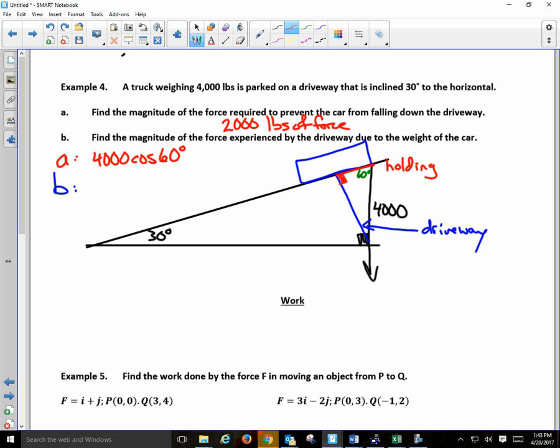Now it says find the magnitude of the force experienced by the driveway. Well, that's the blue line. That's perpendicular to the driveway. That's how much weight the driveway is feeling. Well, I take 4,000 times the sine of 60.